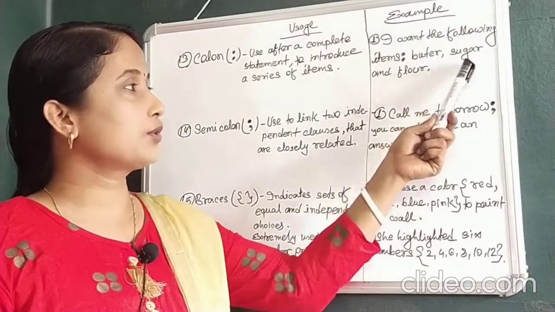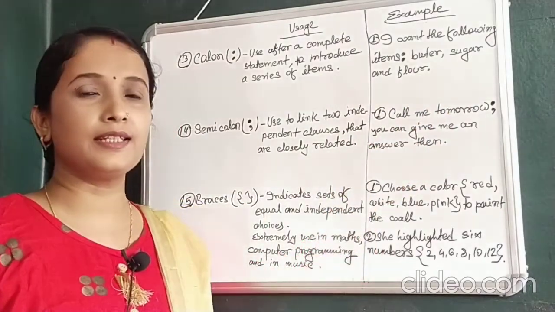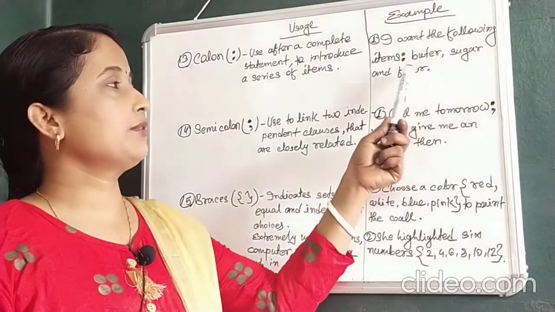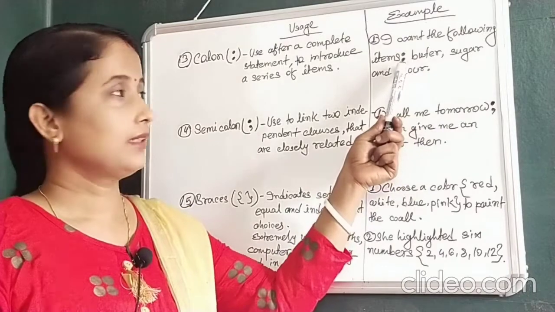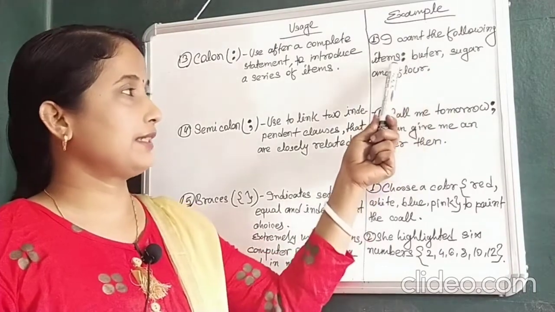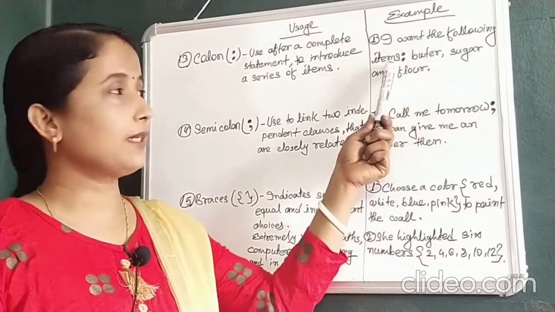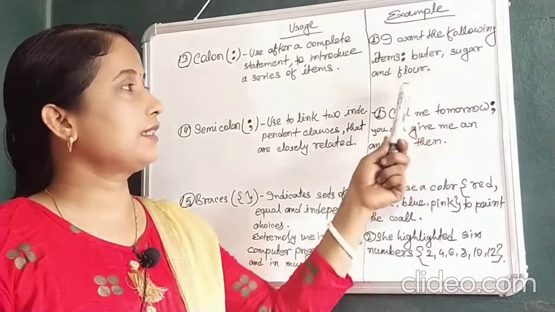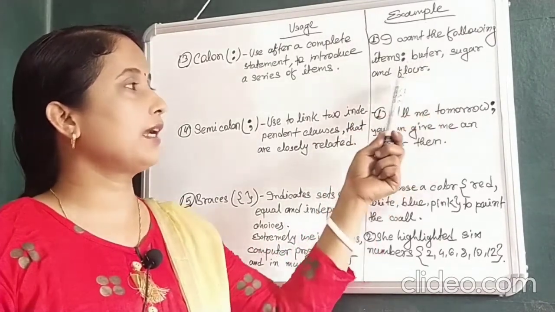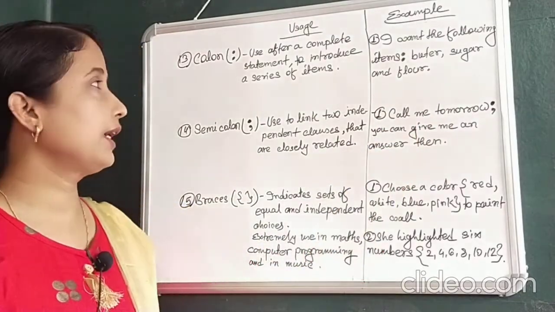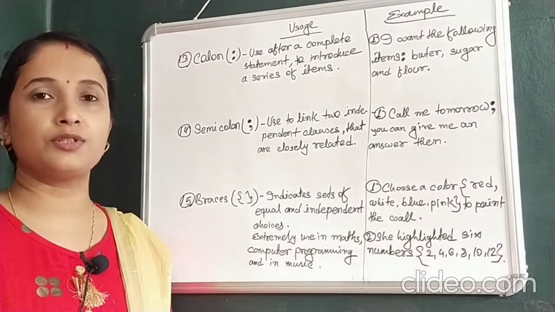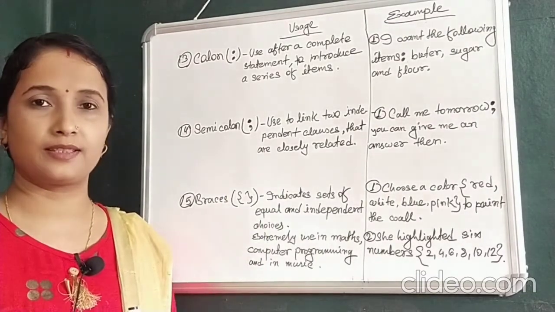Here butter, sugar and flour are the series of items, and to introduce them we use a colon before them. I want the following items is a complete statement. We use a colon after a complete statement to introduce a series of items.